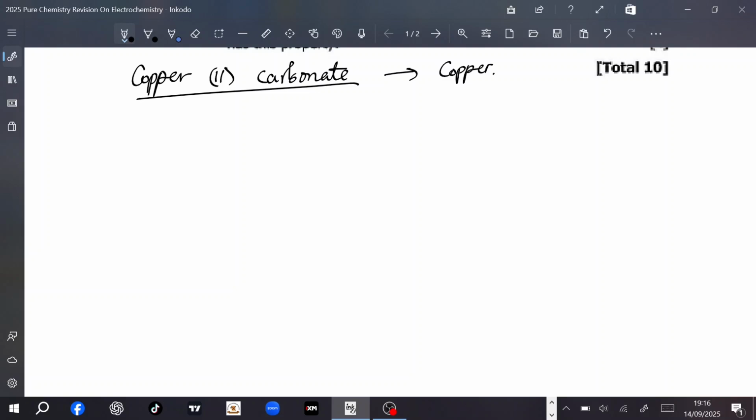So the first thing you are going to do is thermal decomposition of carbonate.